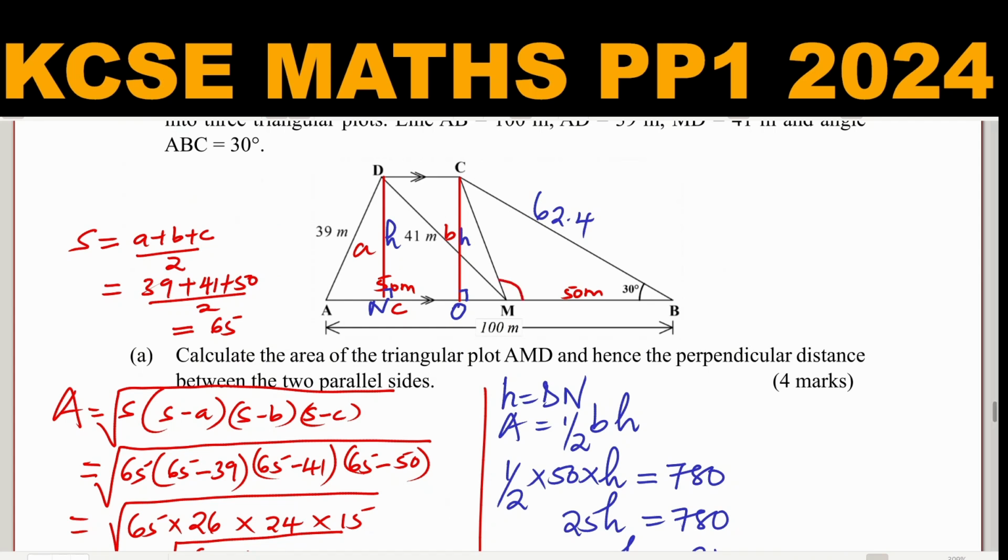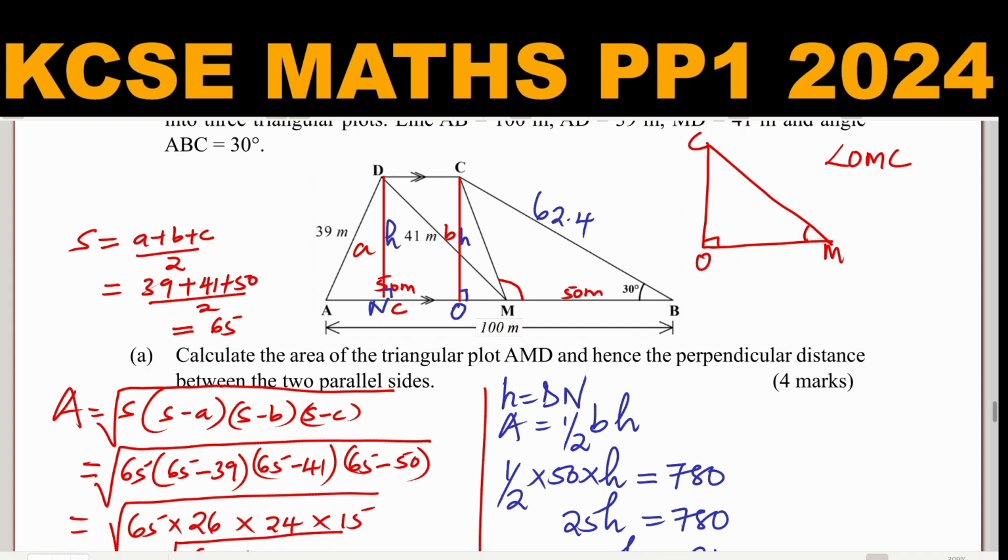If we use this triangle here, let me extract this, OMC. If I get angle OMC, that will simply help me get the obtuse angle BMC.